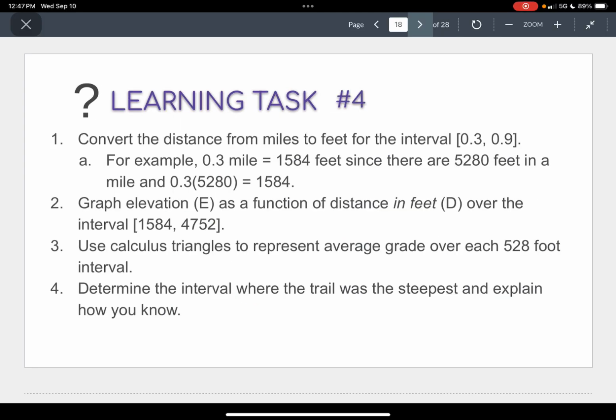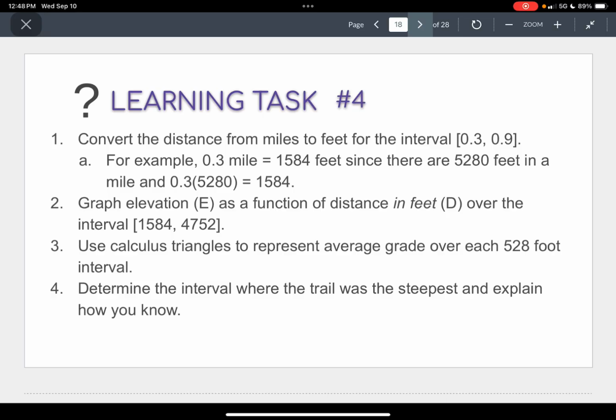Learning task number 4. Convert the distance from miles to feet for the interval 0.3 of a mile to 0.9 of a mile. For example, 0.3 of a mile is 1,584 feet, since there are 5,280 feet in a mile, and 0.3 of that quantity is 1,584.